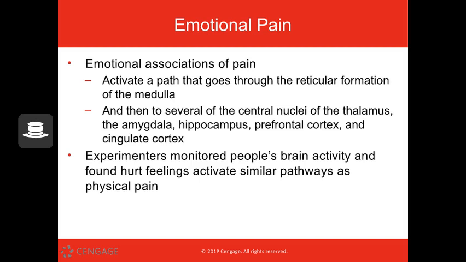When we monitor people's brain activity, we find that hurt feelings activate similar pathways as physical pain. Interestingly enough, being wrong about something, so let's just say you had posted an article saying masks don't do anything to stop coronavirus, and then you watched a lot of articles and you're like, oh, actually, masks do a lot to stop coronavirus, and then you felt bad because you were wrong.